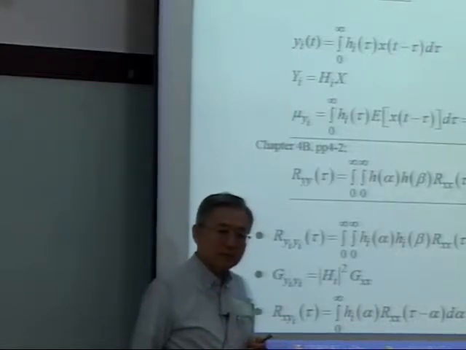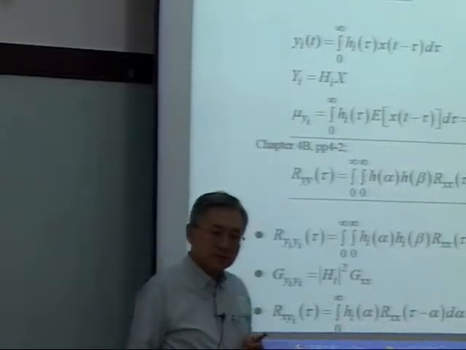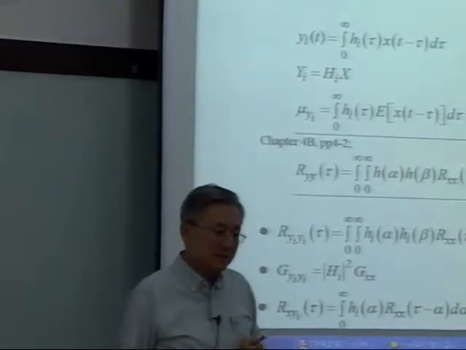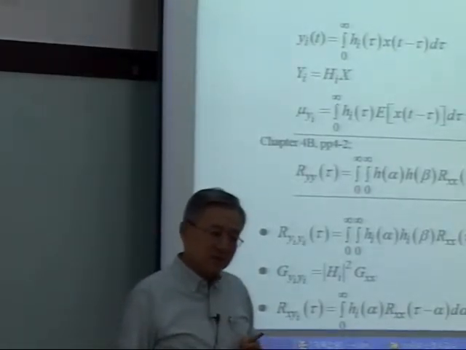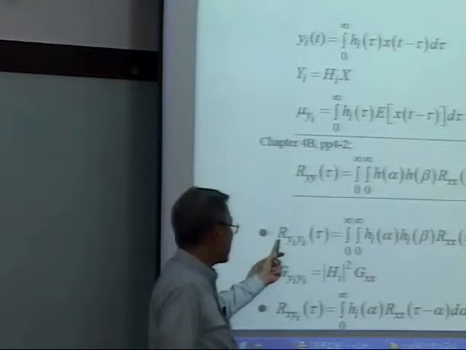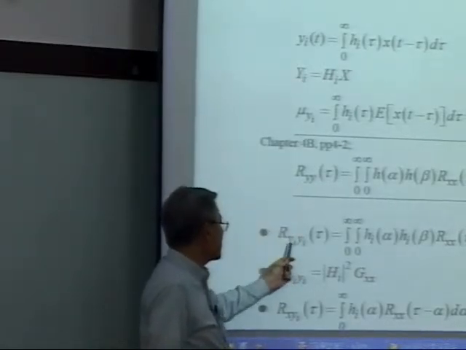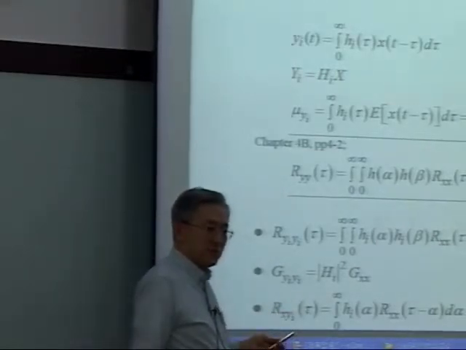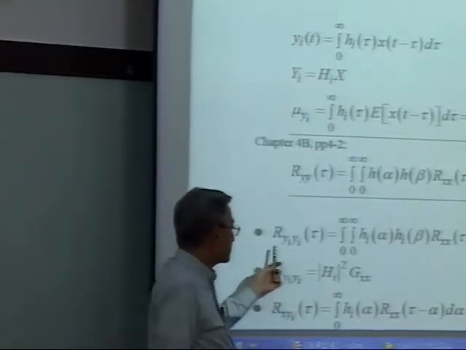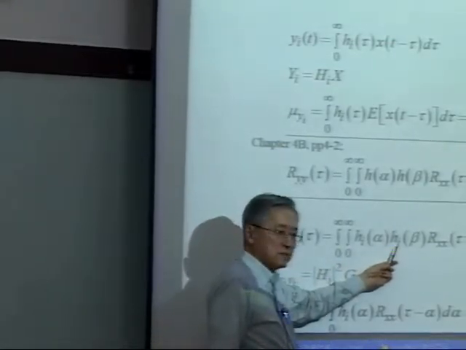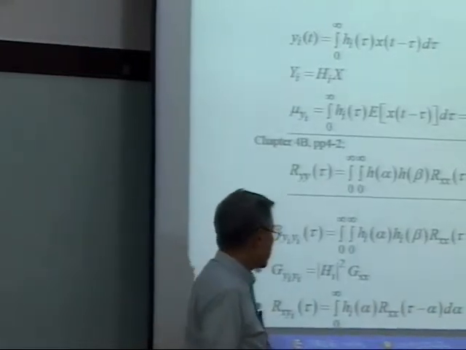Power? Power what? What do you get? Auto spectra of Y. RYi difference is that rather than Y it is Yi for multiple output. Same thing, no differences. These are system-dependent parameters.